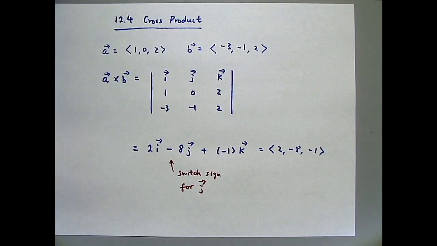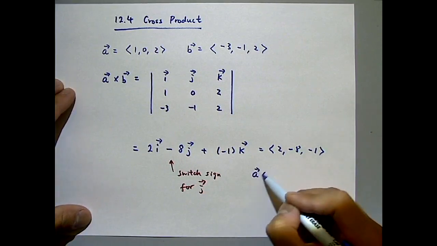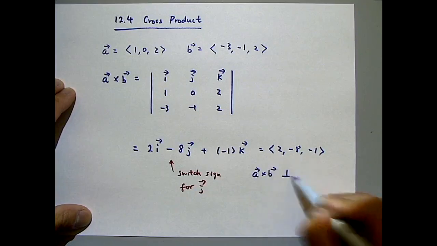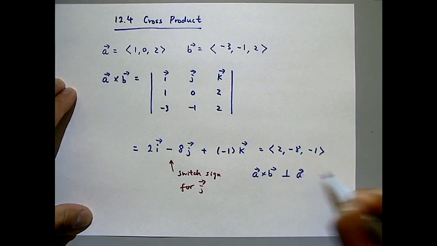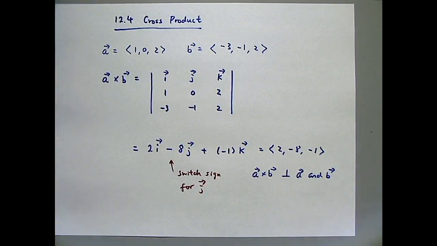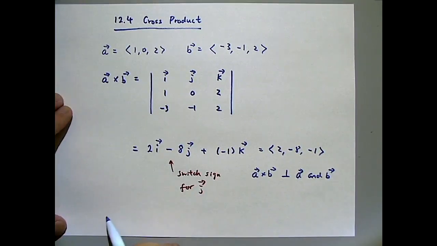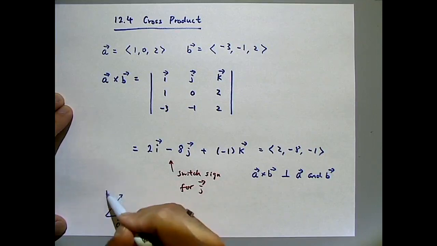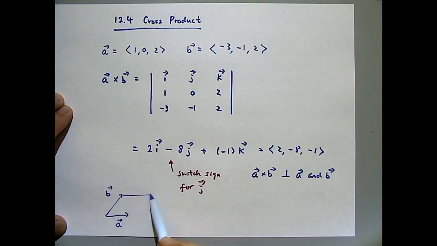And geometrically, what does this vector look like in relation to A and B? Perpendicular. Very good. So A cross B is always perpendicular to A and B. Also, you remember this.